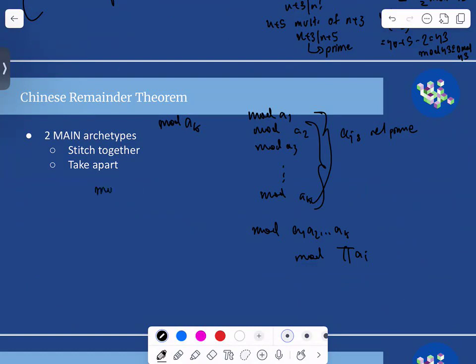That's another part of the Chinese remainder theorem. So if you have mod some product, then you can split it into a bunch of mods of relatively prime numbers. So if you have mod 1000, for instance, you can split it into mod 8 and mod 125.